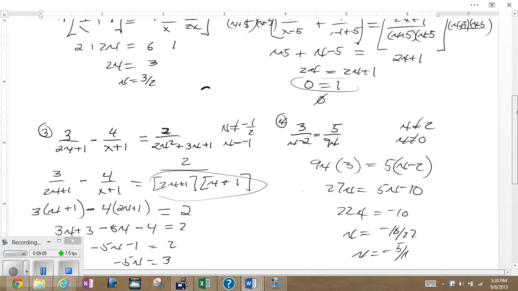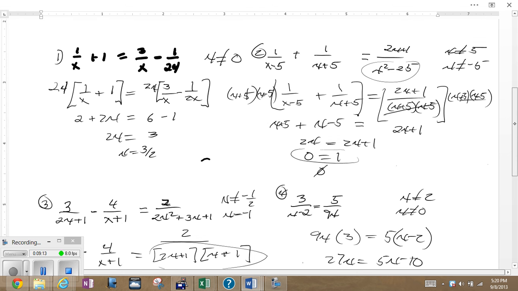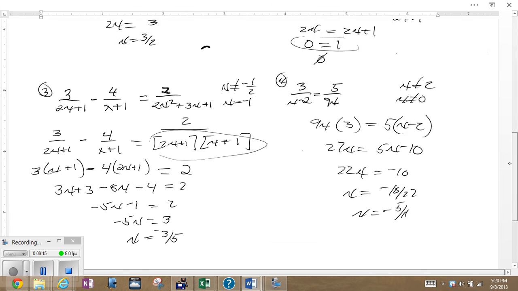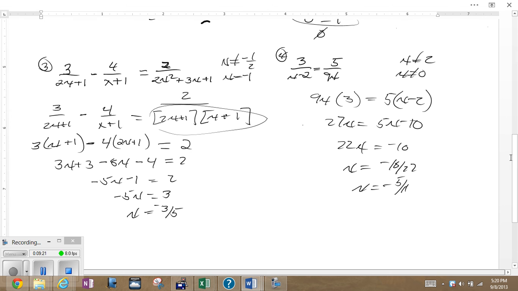And then, if an expression needs to be factored, factor it. Then determine the common denominator among all the fractions and multiply both sides in their entirety by that common denominator, which will clear out the fractions and give you a much simpler equation to solve. Okay, that's it for those. We'll look at a couple more later.